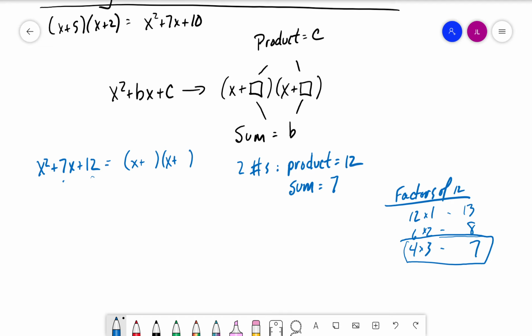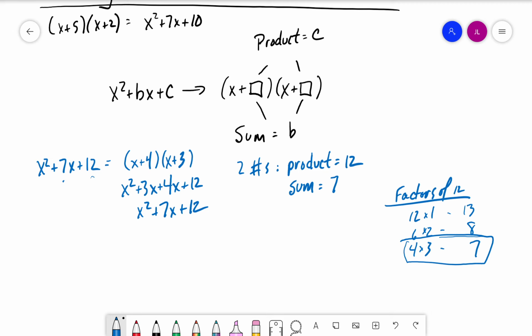So what we have to do is put our numbers in here: (x + 4)(x + 3). Now if we multiply these, x times x is x squared, x times 3 is 3x, 4 times x is 4x, 4 times 3 is 12. Now we combine like terms and get x squared plus 7x plus 12.